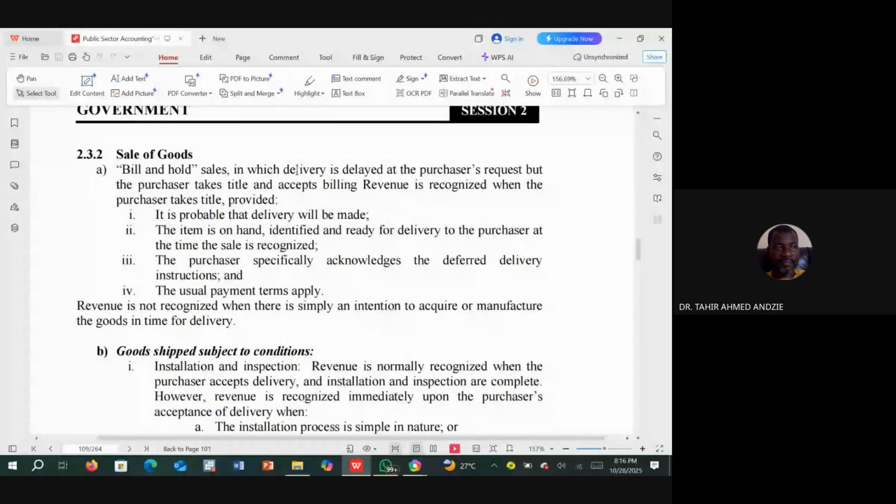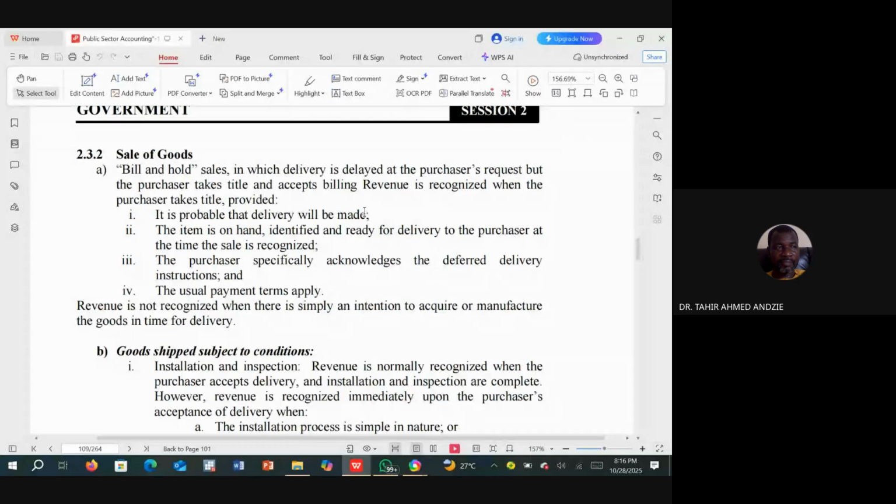In such a situation, delivery is delayed at the purchaser's request, but the purchaser takes title and accepts billing. Revenue is recognized when the purchaser takes title, provided it is probable that delivery will be made.